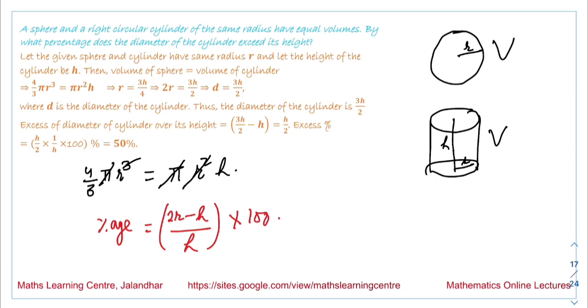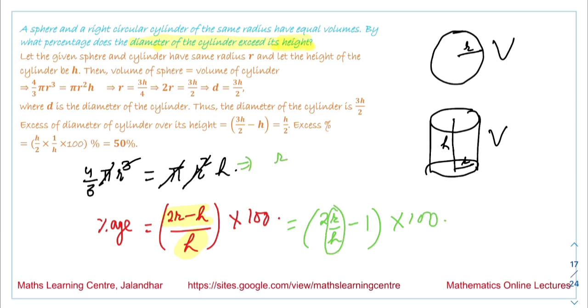Why are we writing it like this? We are saying by what percentage the diameter of the cylinder exceeds the height. So height comes in the denominator, and we find how much the diameter exceeds the height, so 2r minus h is in the numerator. When we solve this, we are left with 2r over h minus 1, into 100. So we require the value of r over h.